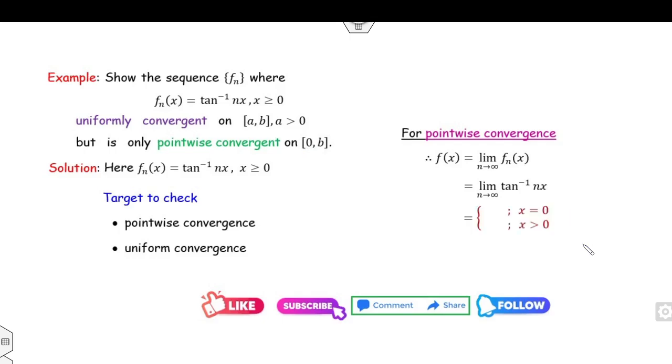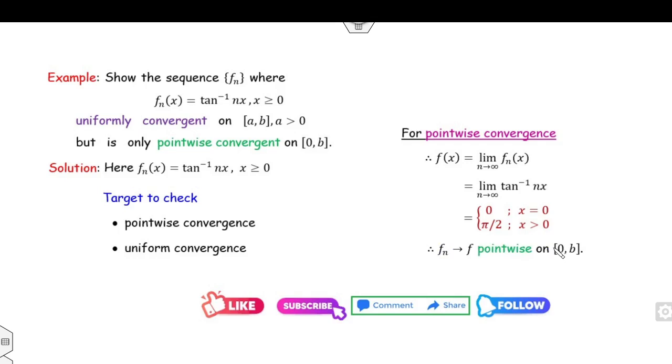When x is 0, x tan inverse of 0 is 0. When x is greater than 0, then the limit of nx is non-zero, so tan inverse of infinity is pi over 2. So you can see both limits exist, therefore the function fn converges to f pointwise.